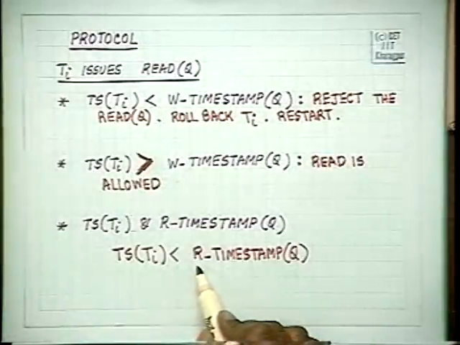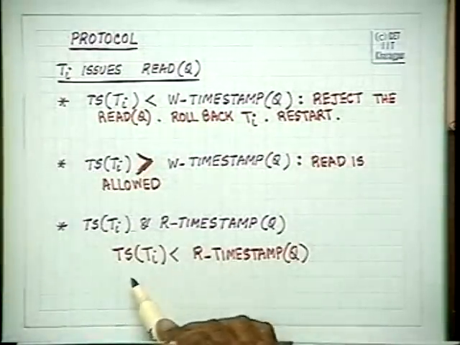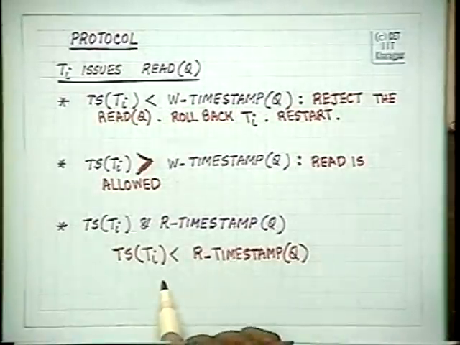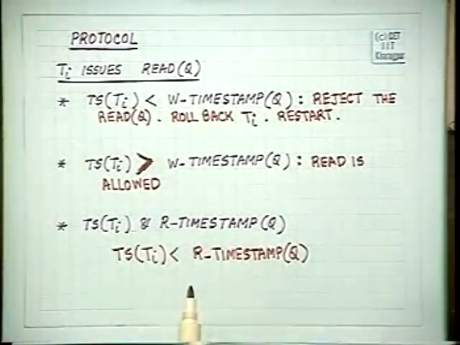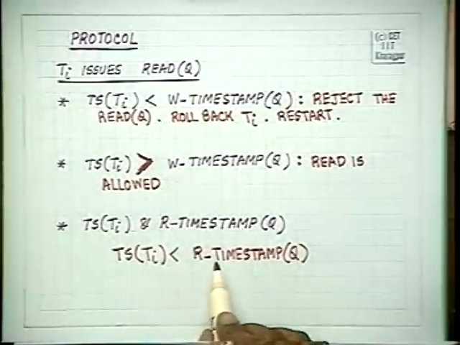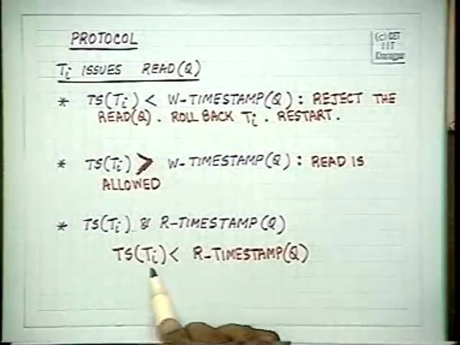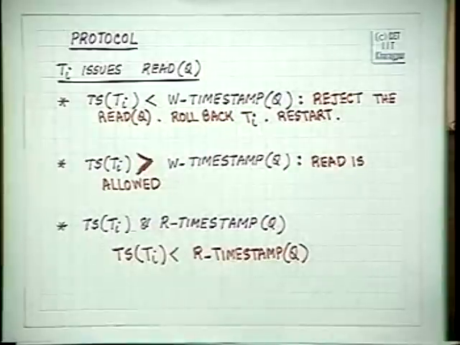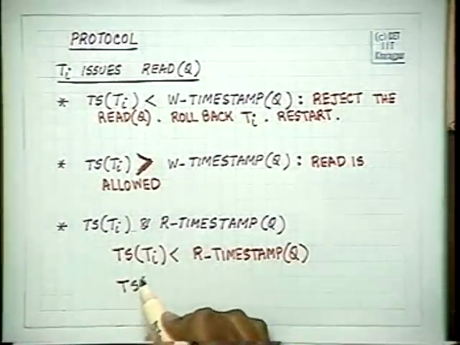A transaction has read this before Ti. Though Tj started after Ti, Tj has read it before Ti. But that is no problem because both have read it. If Tj would have written it, then that would be checked at that point of time. So neither is this a problem, nor is this a problem.